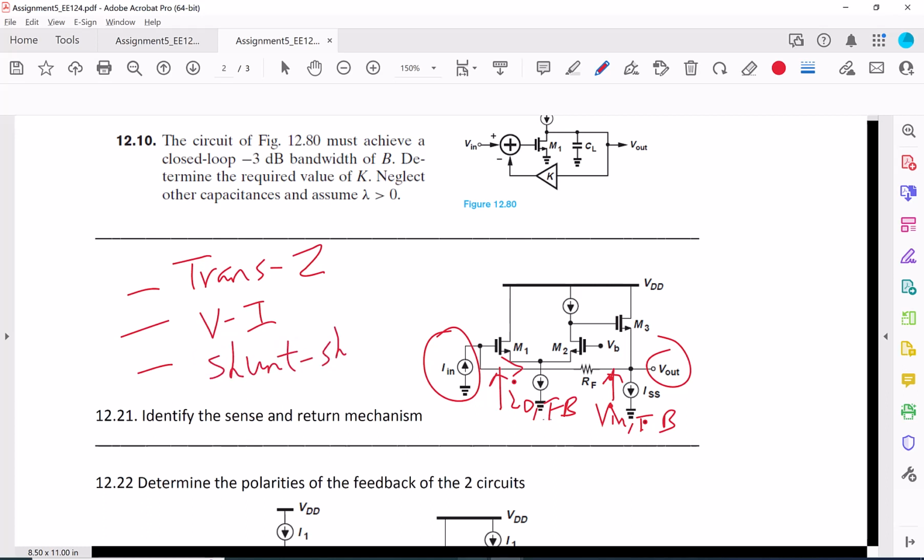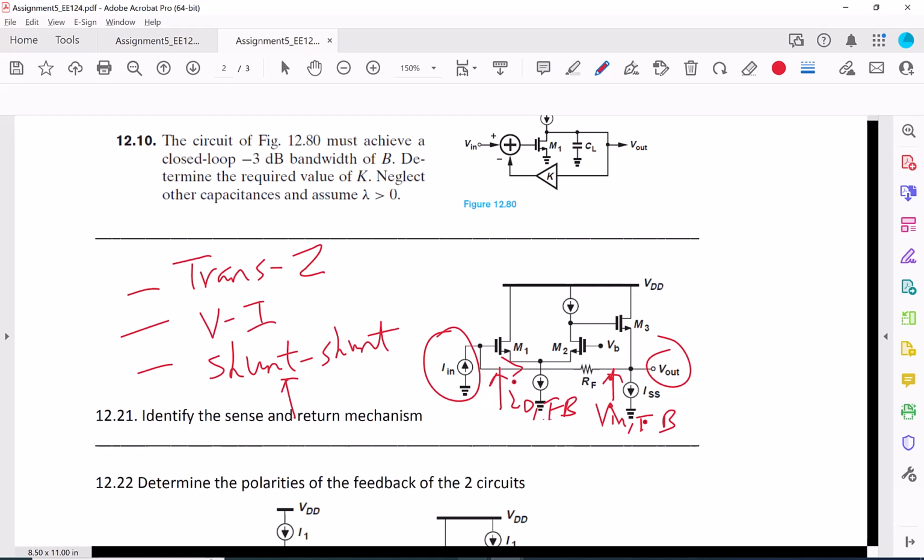Why? What is the meaning of the first shunt? Be careful. What is the first shunt about? Oh, that's it: the input of the whole circuit, and it's current, so you need to be shunt. Because our feedback is current, we need to steal away the current. It's a parallel connection. And then the output is also parallel, right?